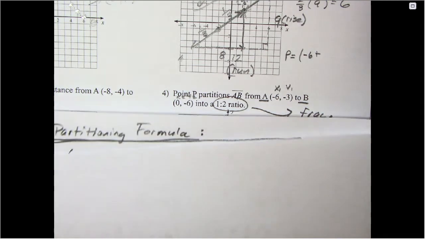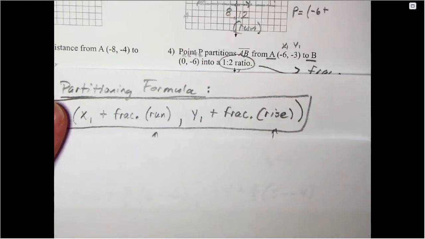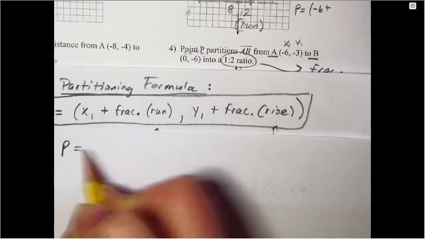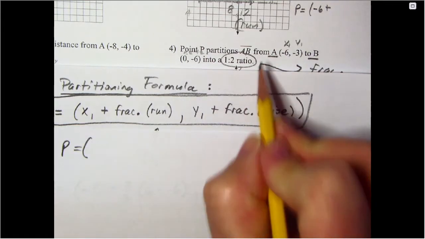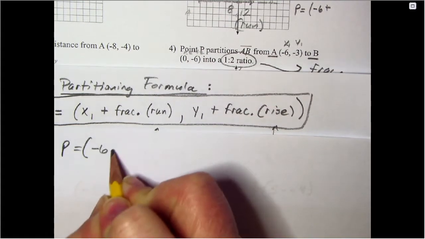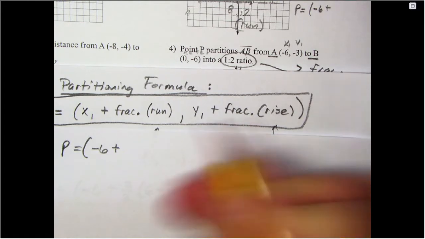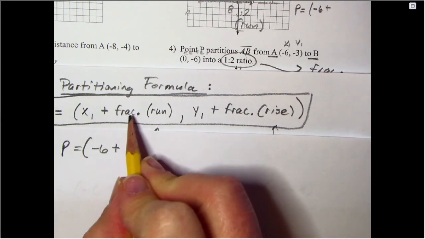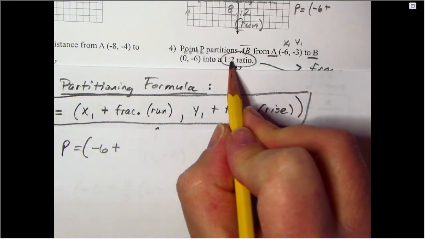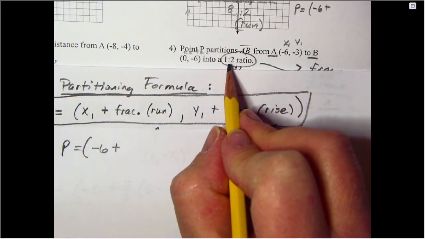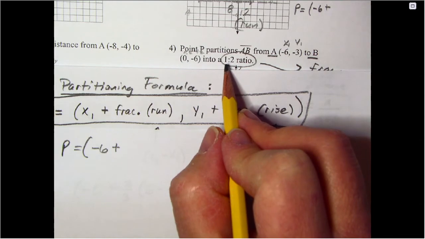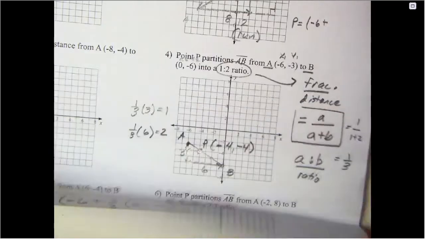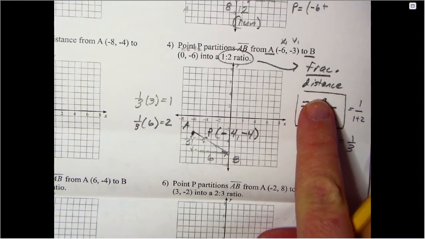So for this problem, point P will be equal to x1, which is this -6, plus, okay, the formula, you always use the fraction, not the ratio. Do not change this ratio to a fraction. Some students put 1/2 always, but we have to do this legwork ahead here. We got to use this formula to find the fractional distance.